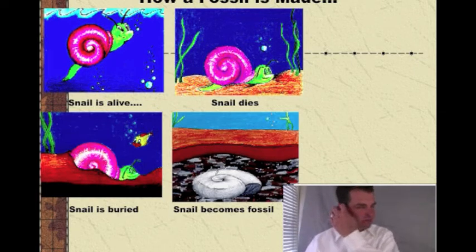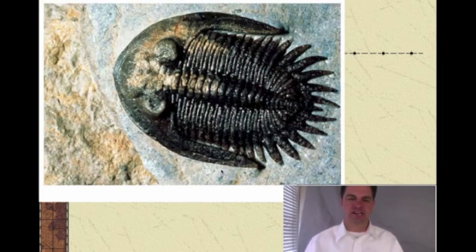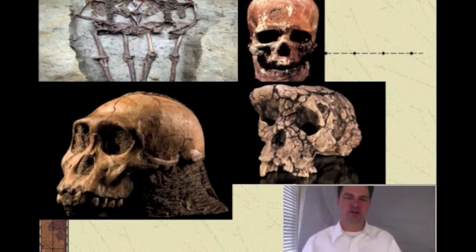And then some type of geological uplifting could bring this back to the surface, and then we could find it and examine it. And there are many fossils like this. Trilobite here, for example, is one. There's just literally tens of thousands of fossils of different organisms, and we can often look at maybe how old they are and so forth.